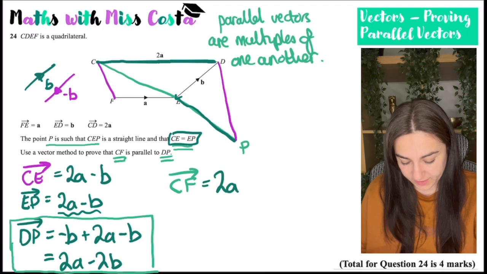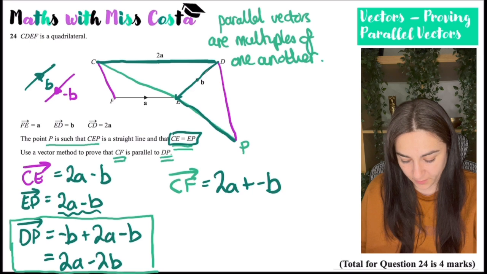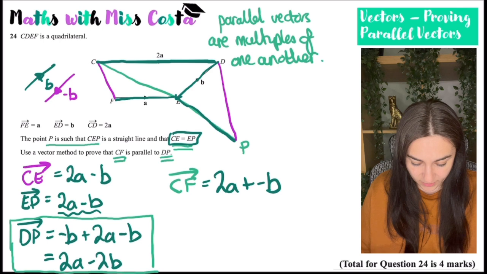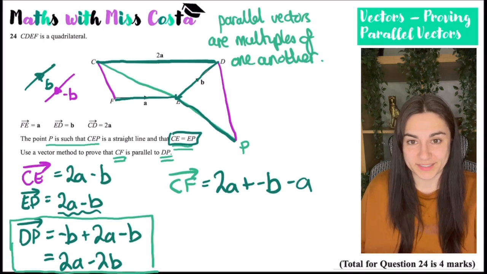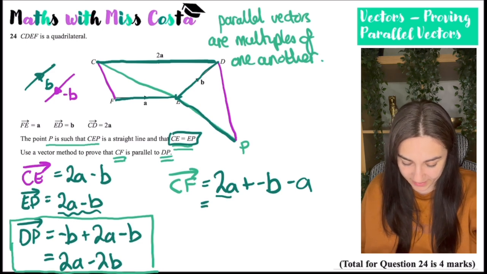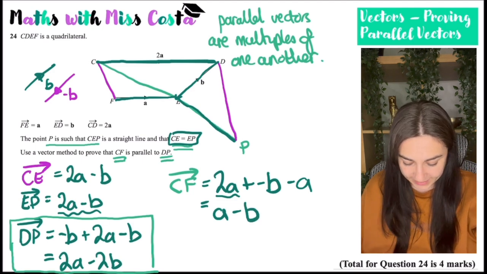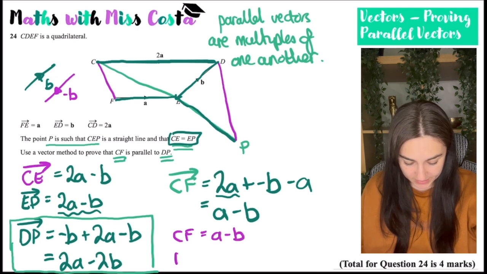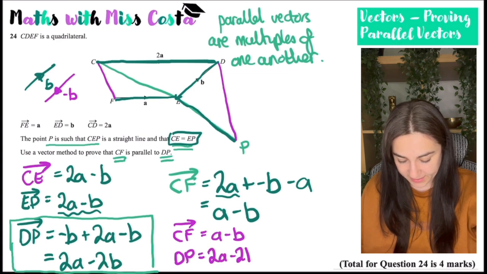So I start with 2a plus, and then negative B because I'm going in the inverse direction to the direction of the arrow. And then I go negative A as well because it's in the opposite direction of the arrow. So let's simplify that. 2a take away A leaves me with A, and plus negative B is minus B. So how can I write that? Well, CF equals A minus B, and DP equals 2a minus 2b.